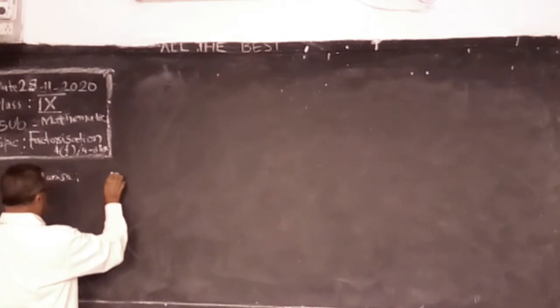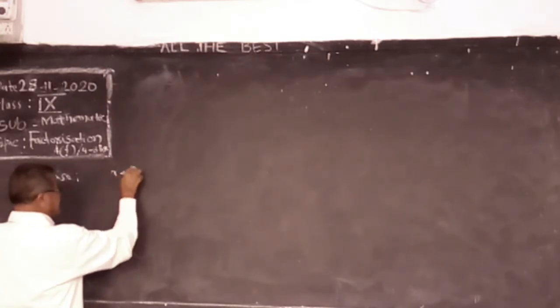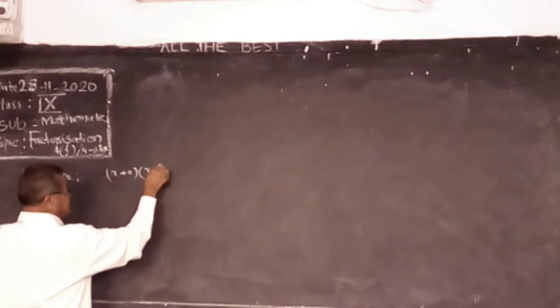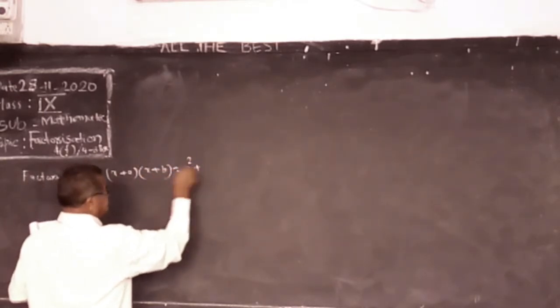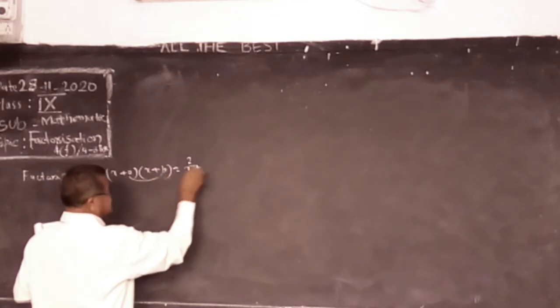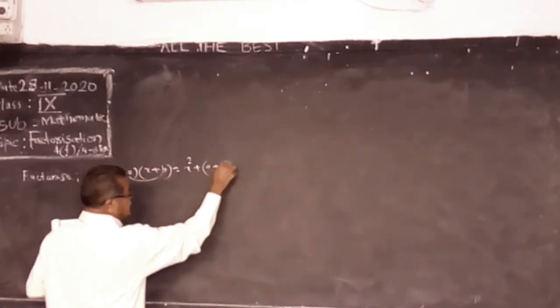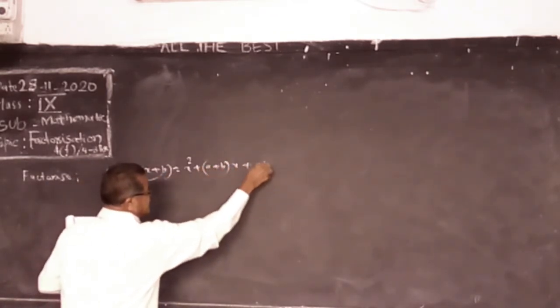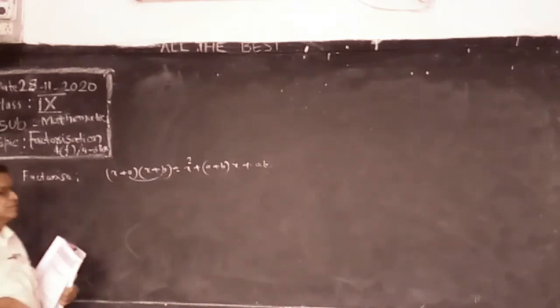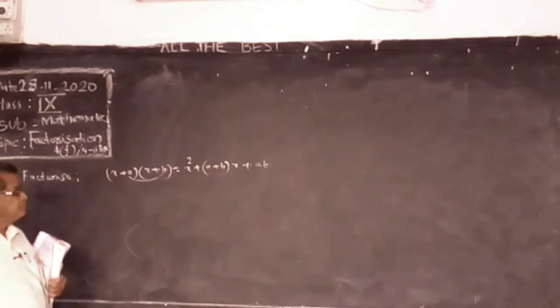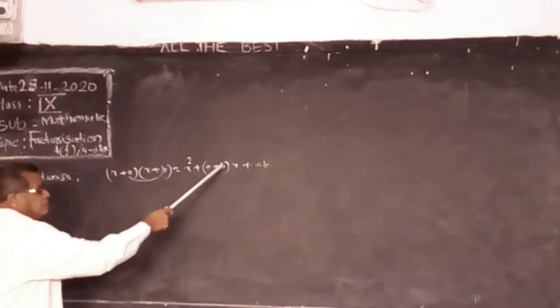We know the formula: (x plus a) into (x plus b) is equal to x squared plus the sum of the constants, (a plus b), times x, plus a into b. On this formula we have to do these problems, splitting the middle term into a sum, then the product.